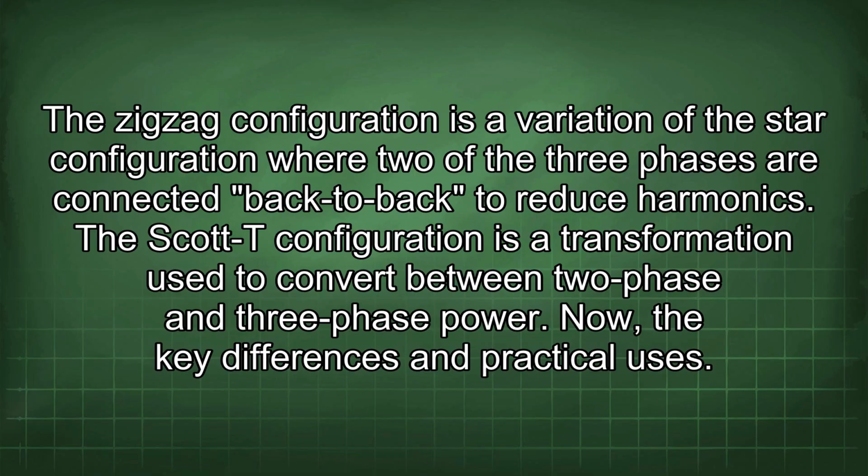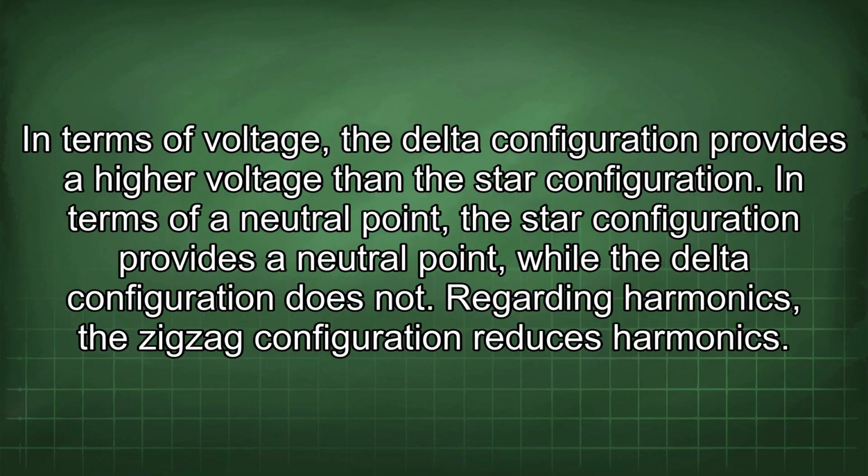Now, the key differences and practical uses. In terms of voltage, the delta configuration provides a higher voltage than the star configuration. In terms of a neutral point, the star configuration provides a neutral point, while the delta configuration does not. Regarding harmonics, the zigzag configuration reduces harmonics.